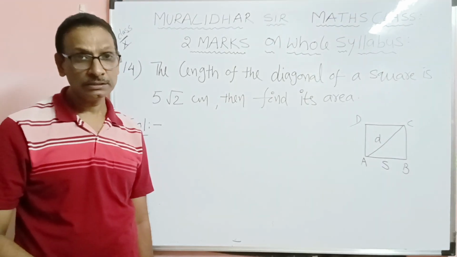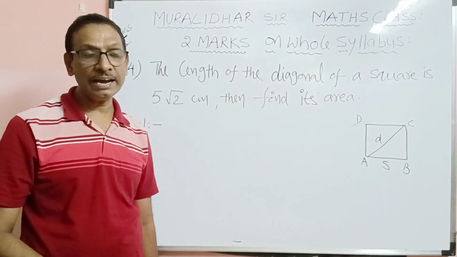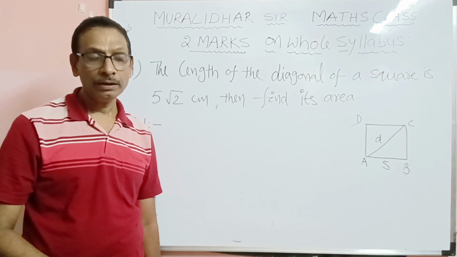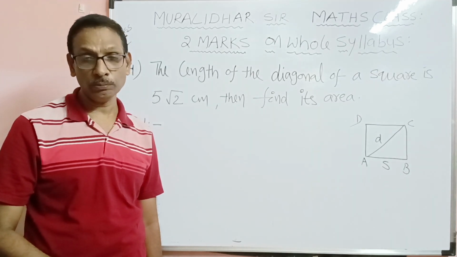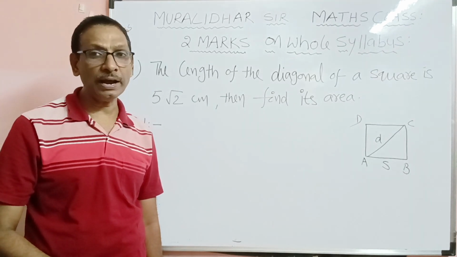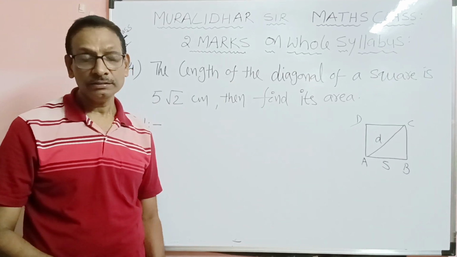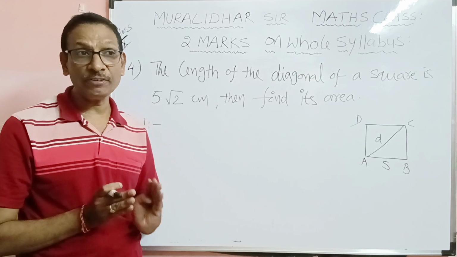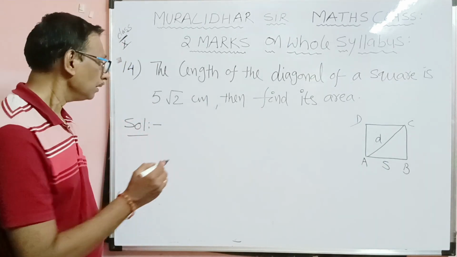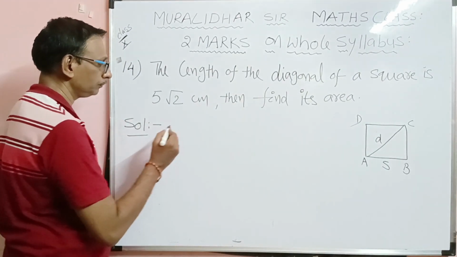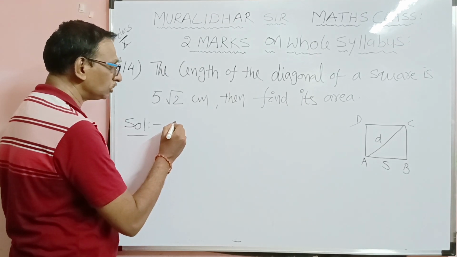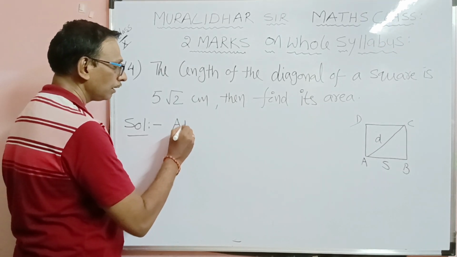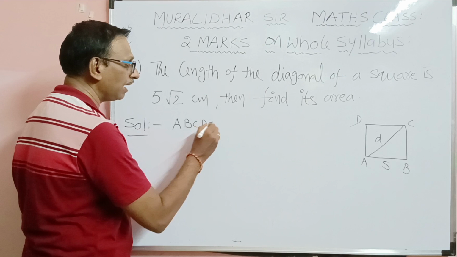We know that the length of the diagonal of a square is always equal to root 2 times its side. That is the relationship between the diagonal and the side of a square. You apply that condition. First you write, ABCD is a square.